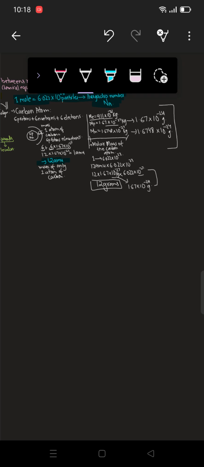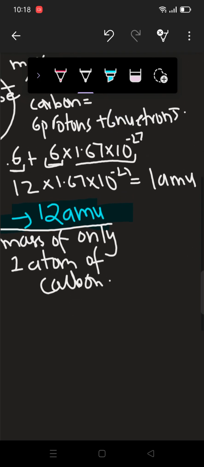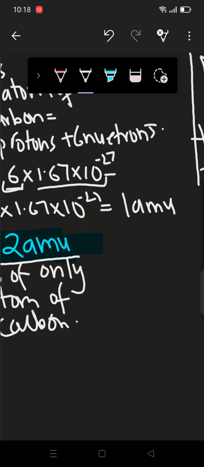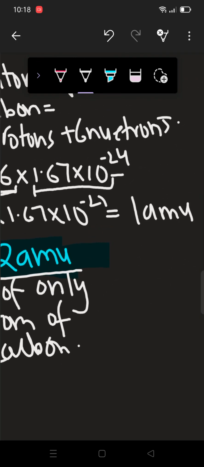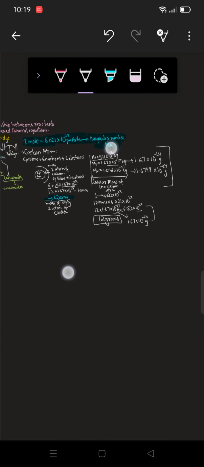When you see AMU, it is just the mass of one atom of any element. I have written this in kilogram as well, but it would be good to write it in gram. So minus 24 gram. Now I hope this is clear. This is also minus 24 gram, and it is equal to 1 AMU.